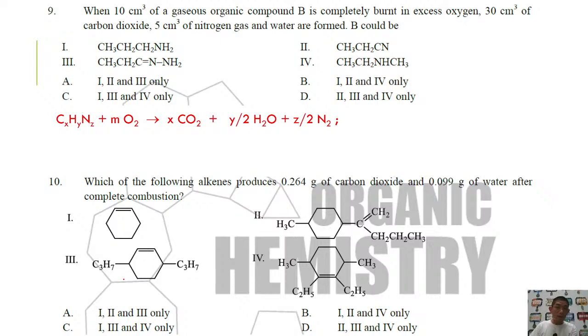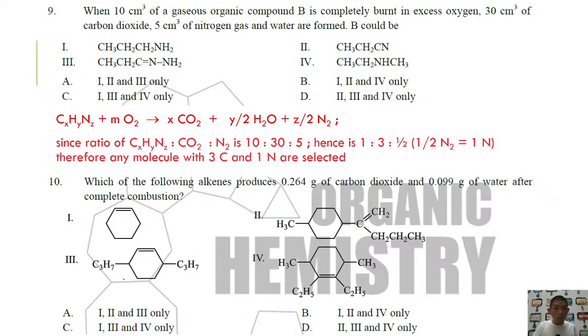If it burns, you form carbon dioxide, water, and nitrogen gas. So you compare the mole ratio here. The ratio of the organic compound to the carbon dioxide and nitrogen is 10 cm³ to 30 cm³ to 5 cm³.